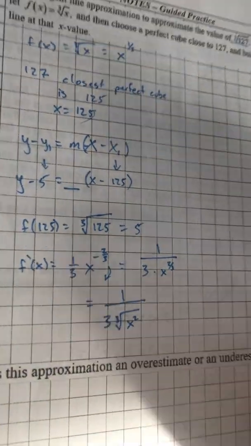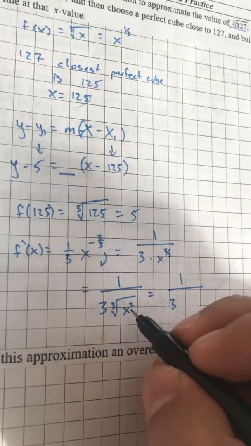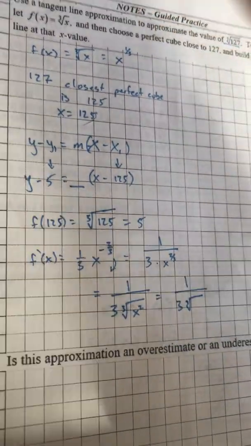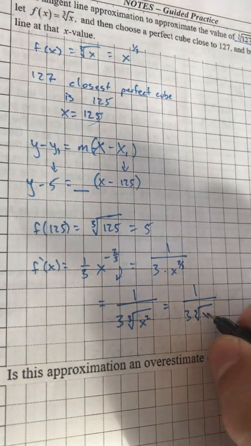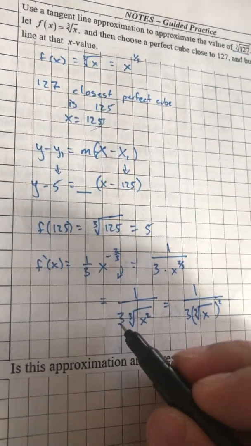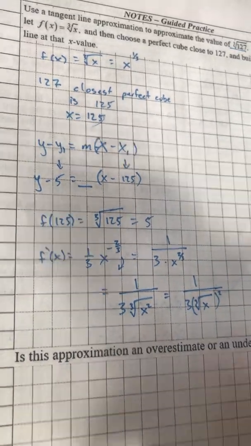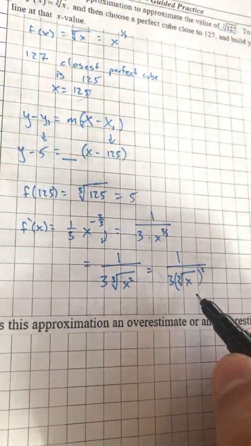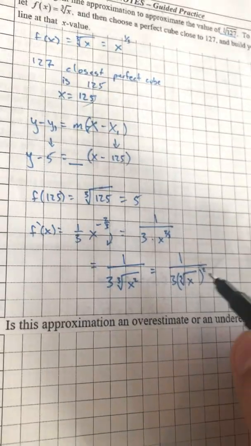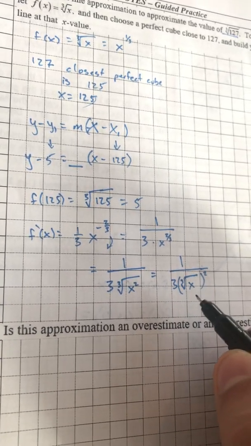We can do it that way, or it is also equal to this: the square can actually go on the outside. So 3 times the cube root of x, and then all of that is squared. Okay, not the 3, only the inside of that function. The reason I'm showing you this right now, because technically your other math teacher should have shown you this, is because we're going to be using this one right here. Okay, we're going to be using that one.